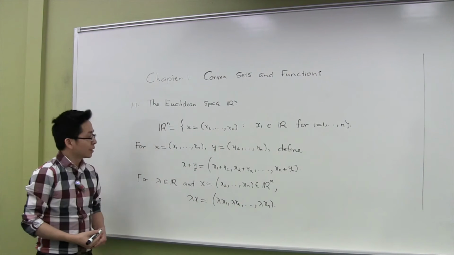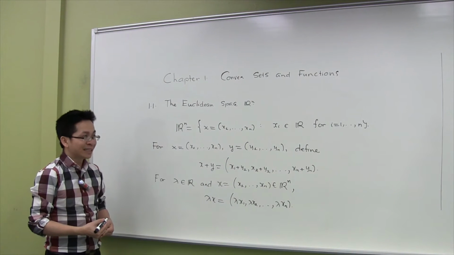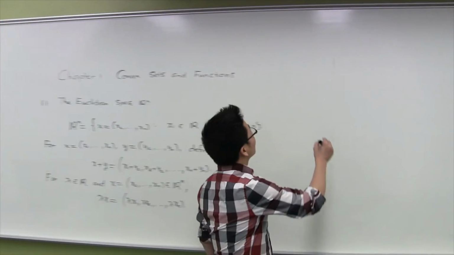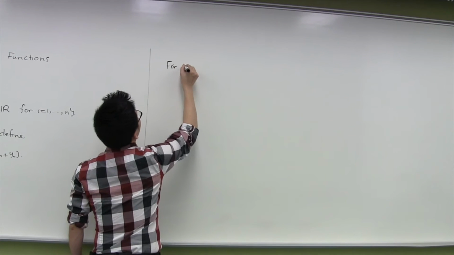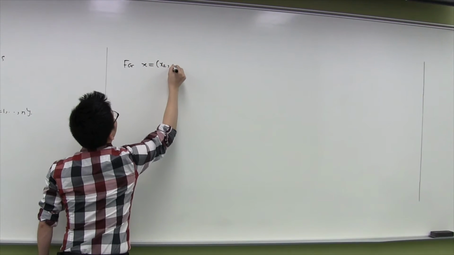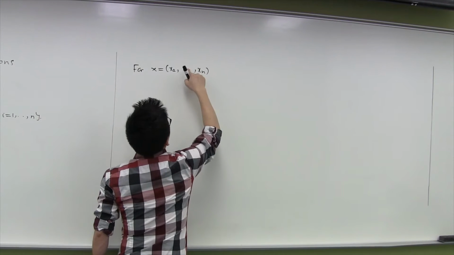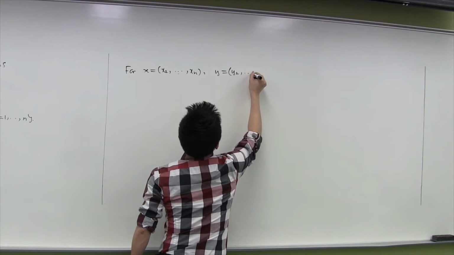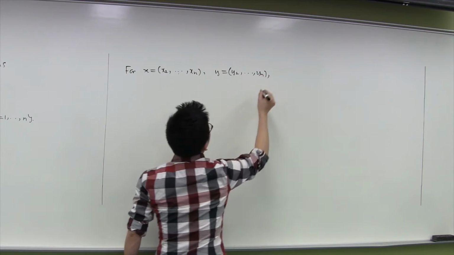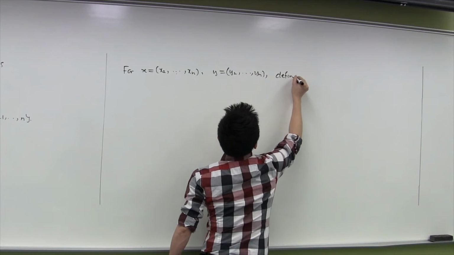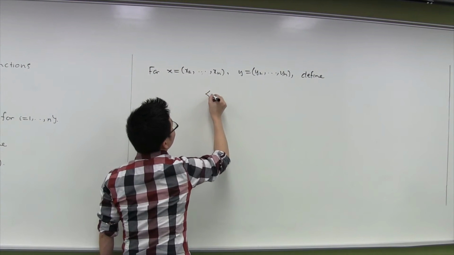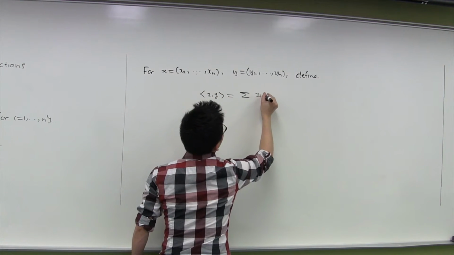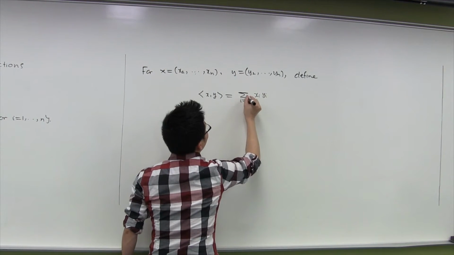Okay. Now, in Rn, we can define an inner product to make it an inner product space. So, for x equals (x1, ..., xn) and y equals (y1, ..., yn), we define the inner product of x and y by the sum of xi times yi, where i runs from 1 to n.